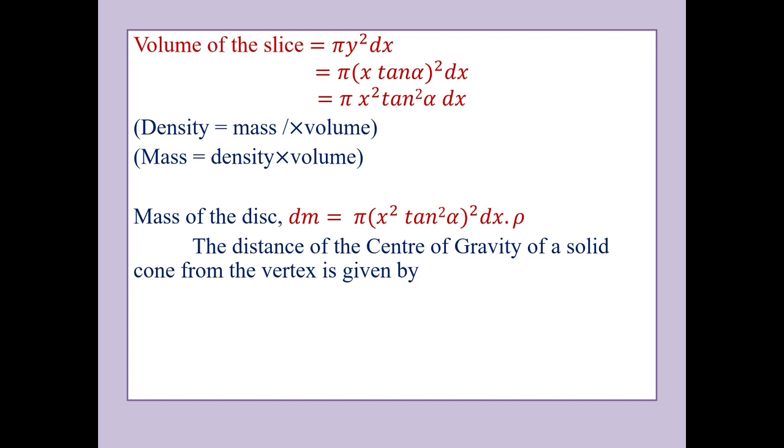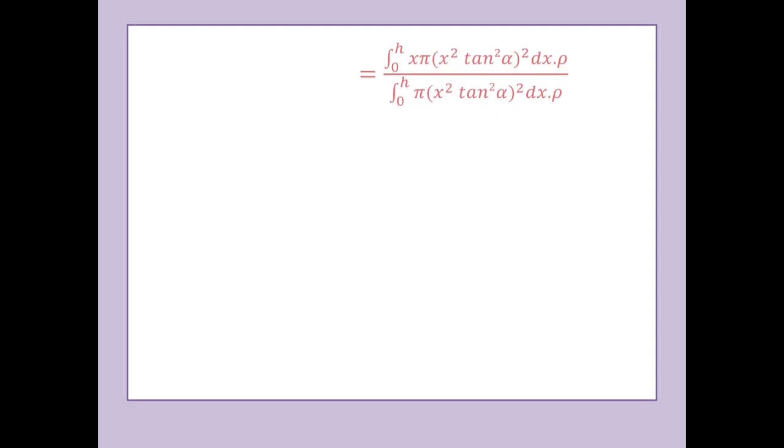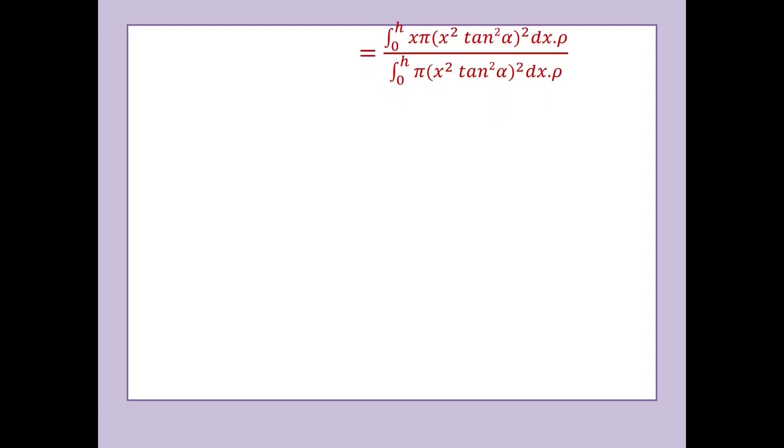Now let us find the distance of the center of gravity of a solid cone from its vertex. The formula is x bar equal to integral of 0 to h x dm divided by integral of 0 to h dm. We know the value for dm. Now let us substitute it. So substituting, we get integral 0 to h x pi x square tan square alpha dx rho.